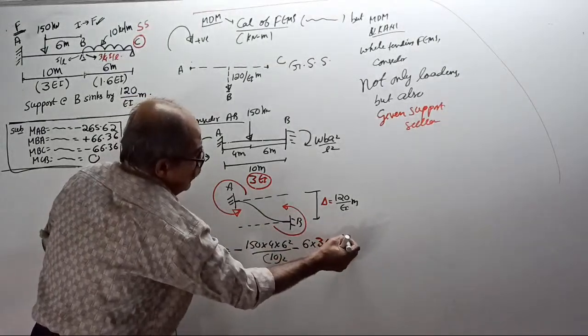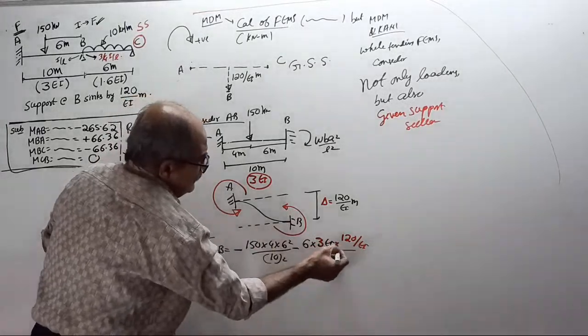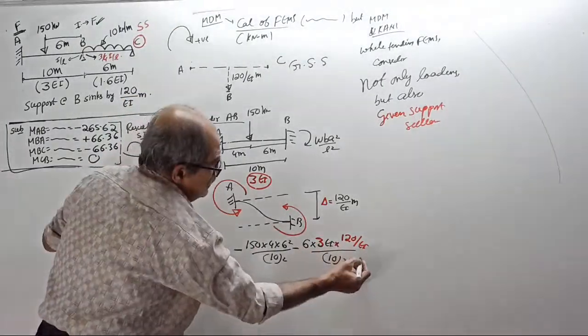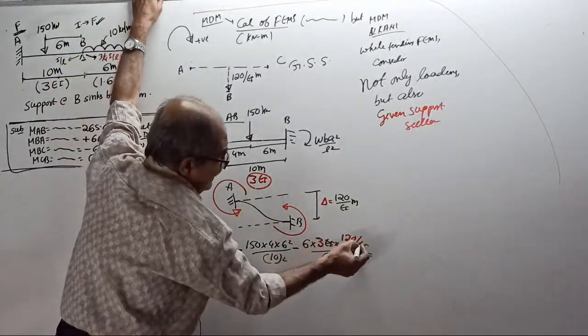Delta is 120 by EI meter divided by 10 square. EI cancels.